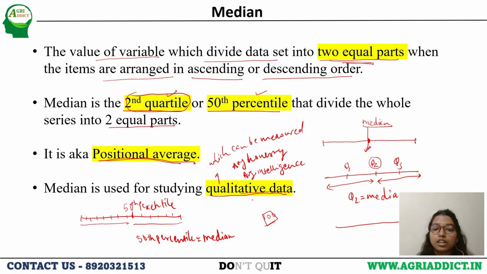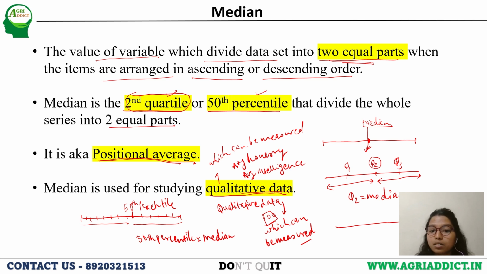And there is a second kind of data also, which is quantitative data. Quantitative data is the data which can be measured, like plant height, like plant girth.